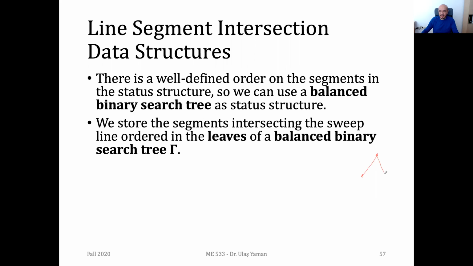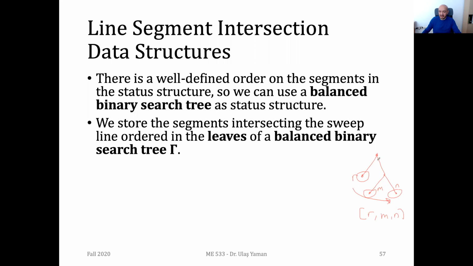If you have such a balanced binary tree, then the leaves will give us the order. Let's say this is R, M, and N. Then once you go from left to right, this should be giving you the order in the intersection with the sweeping line.